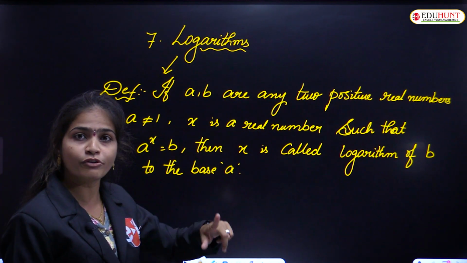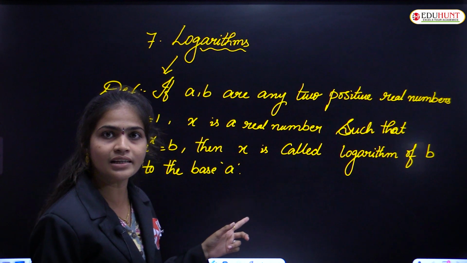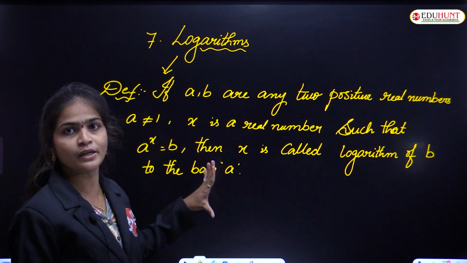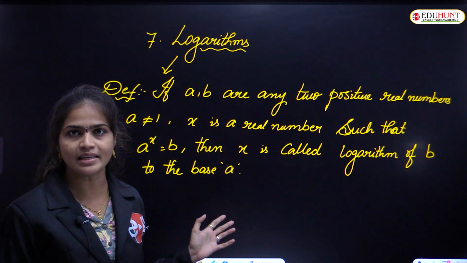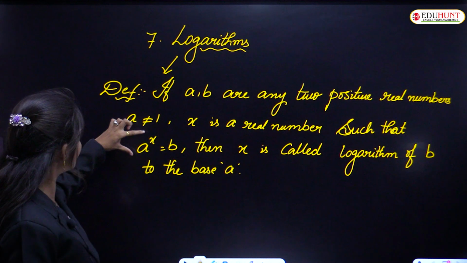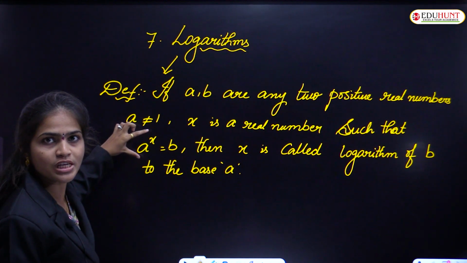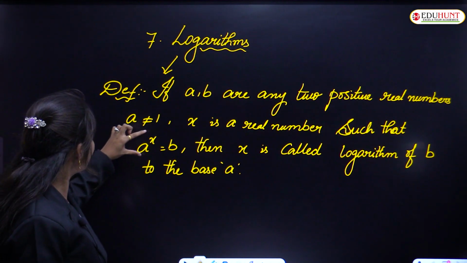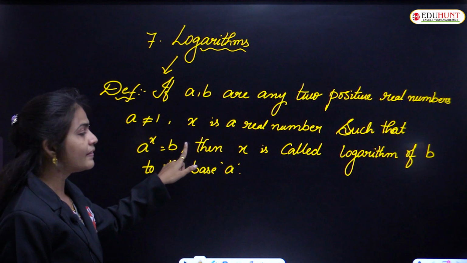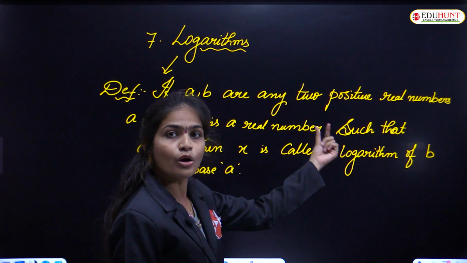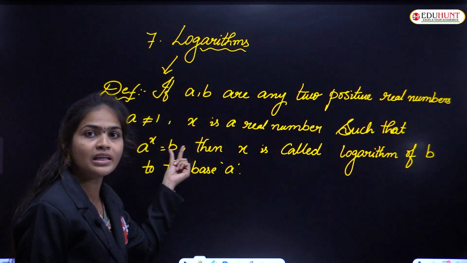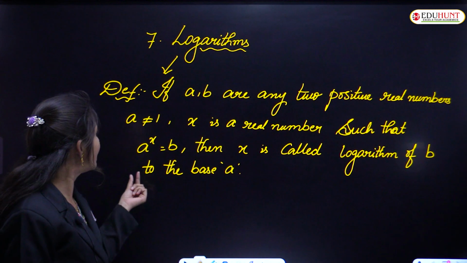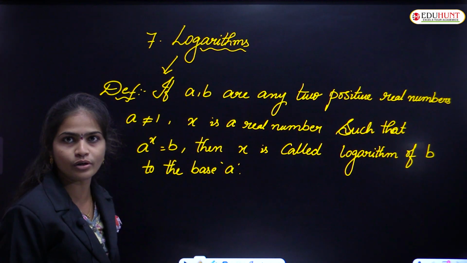Before starting logarithms I told you that we will discuss logarithms depending on exponents. So a power x is equal to b, then x is called the logarithm of b to the base a. That is the definition of logarithm.